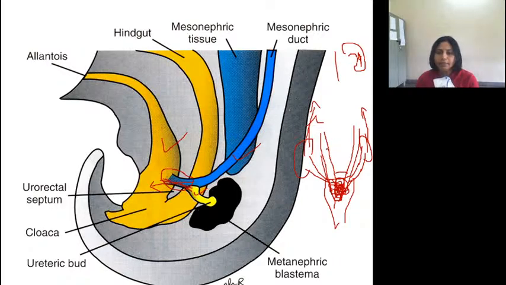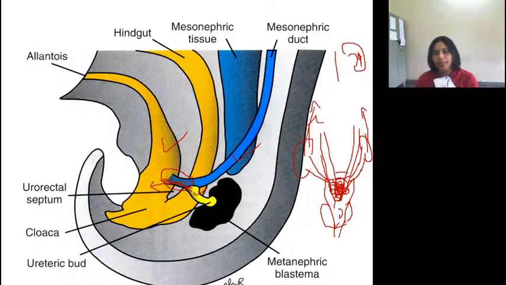That is why, if you see the adults, behind the bladder in case of the males, you see the vas deferens, and these will be joined by the duct of the seminal vesicles and form the ejaculatory ducts. Here you see the prostate gland.